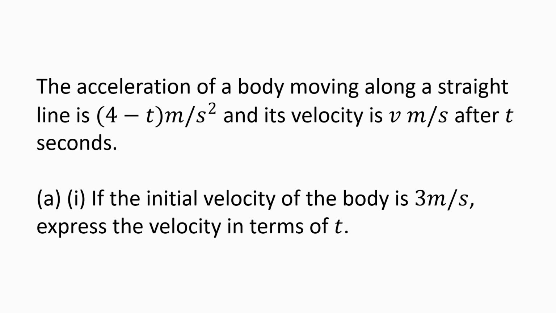And to find the velocity equation, the first step is to integrate the acceleration equation. So the acceleration equation is 4 minus t. So the velocity equation will be the integration of the acceleration equation with respect to time, which will be the integration of 4 minus t dt.